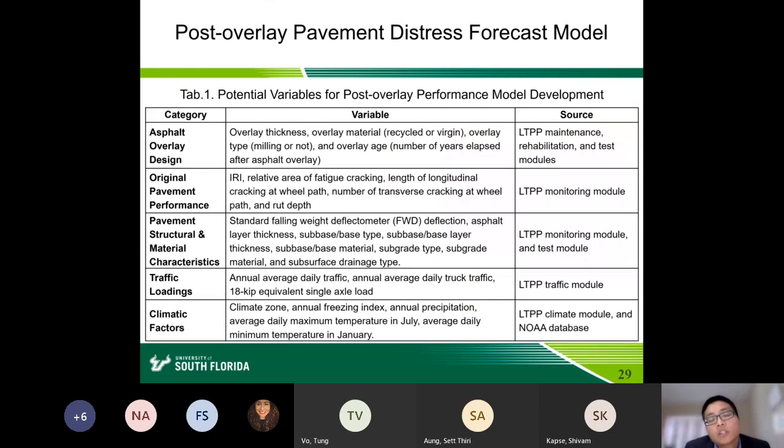The potential variables for the model development are collected from different LTPP modules and the NOAA database, such as the design of the overlay and the existing pavement structure and the existing pavement performance and the traffic loadings and the climate factors.